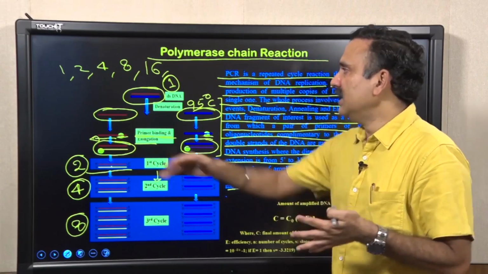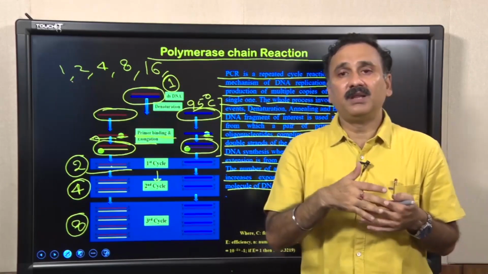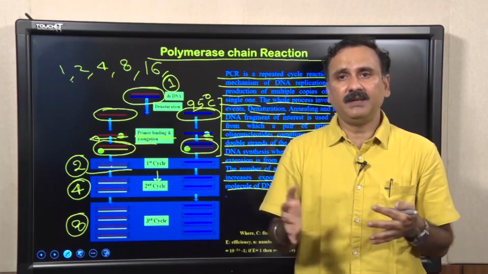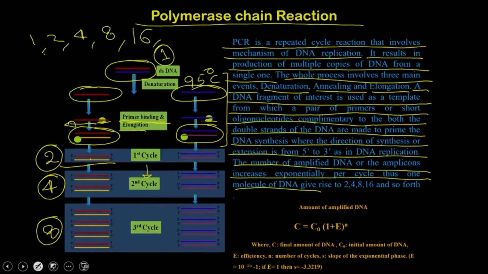If you imagine that I started with 1 microgram of DNA, it is going to be several micrograms of DNA even within 20-25 cycles. The amount of amplified DNA you can calculate simply by using this formula: C is equal to C0 (1 plus E) to the power n, where C is the final amount of DNA, C0 is the initial amount of DNA, E is the efficiency, and n is the number of cycles.